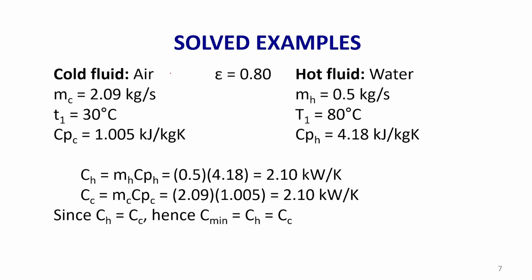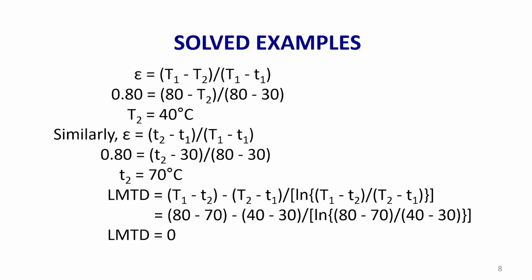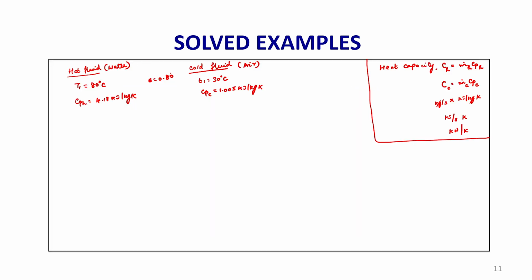So, we have to find out first, unless we find out the LMTD, okay, we know the formula for LMTD of a counterflow heat exchanger. Before that let me write the formula.